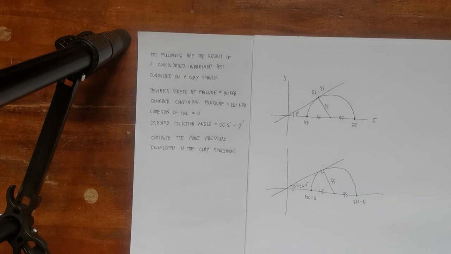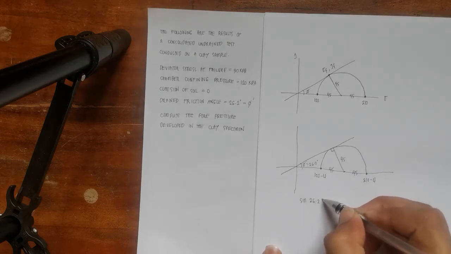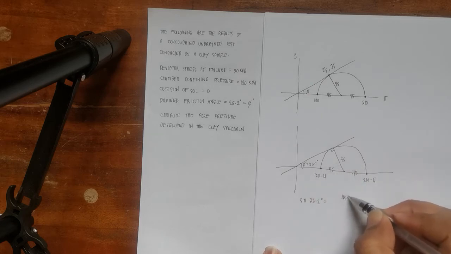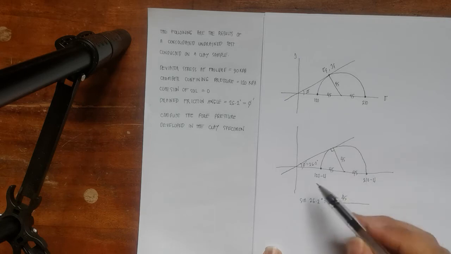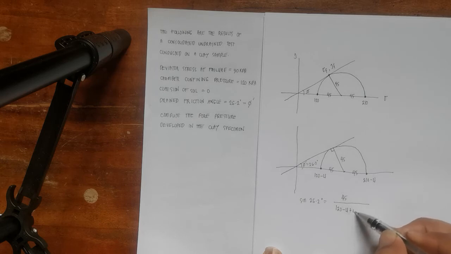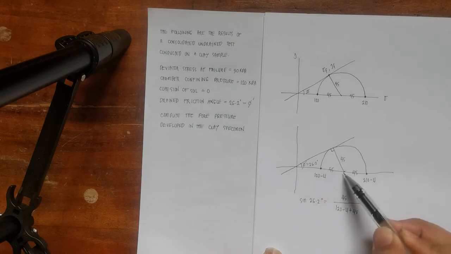And using sine function, that is sine of the angle 26.2 degrees, equivalent to the opposite side, 45 kilopascal over the hypotenuse from this point to this point. And that is a total of 120 minus u plus 45. From this point to this point, 120 minus u plus the radius 45.